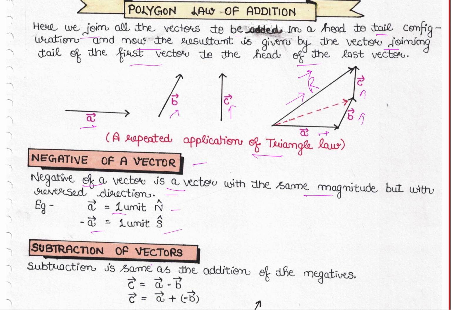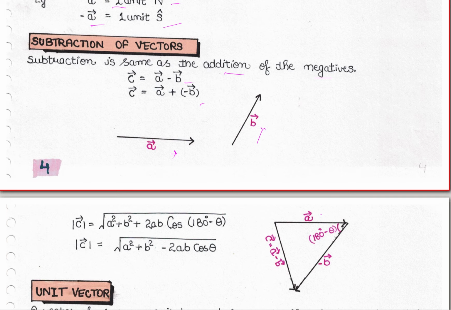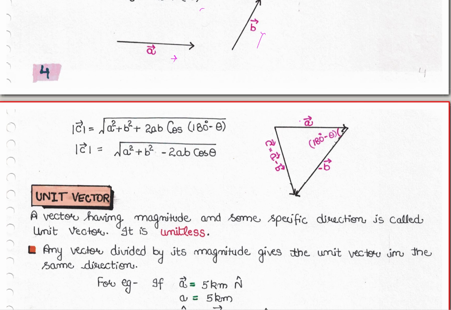Subtraction of a vector. Subtraction is the addition of the negative. So if C vector is equal to A minus B, we can write C vector is equal to A plus (minus B). If this is our A vector and this is our B vector, according to this figure, this is A vector, this is minus B vector, so C is equal to A minus B vector.